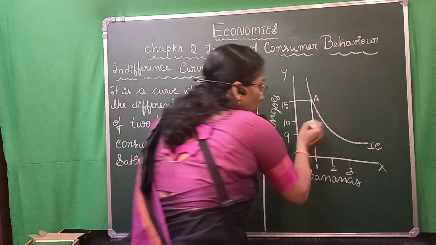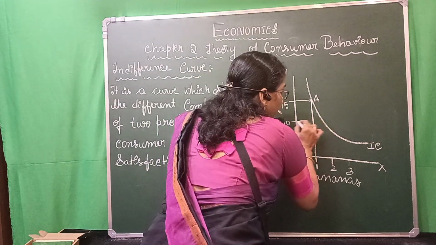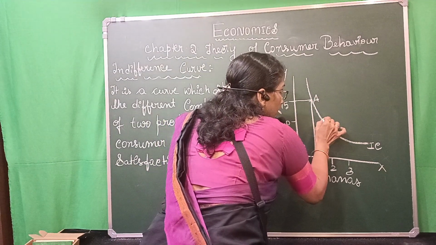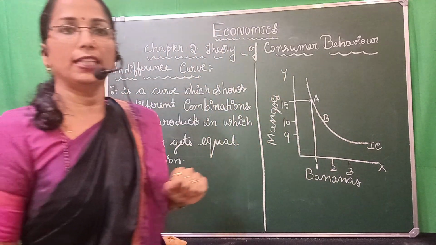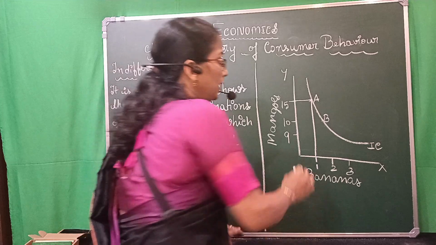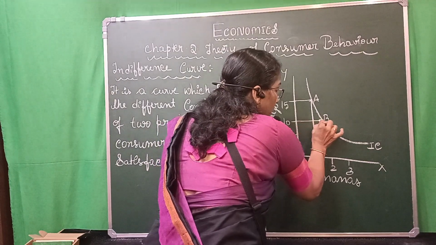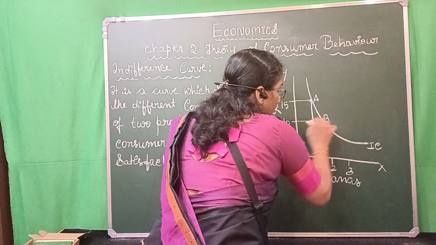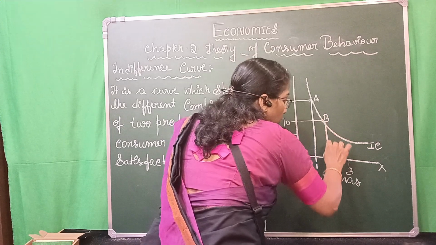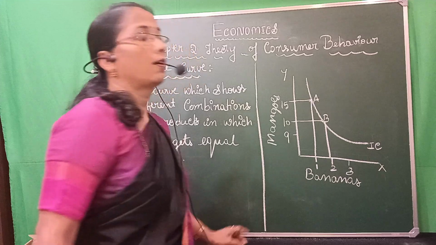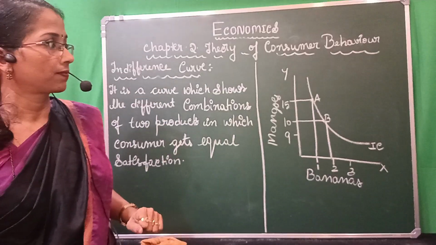Let us take one more point on the indifference curve, that is point B. What does point B indicate? Point B indicates the consumer is consuming 10 mangoes and 2 bananas.